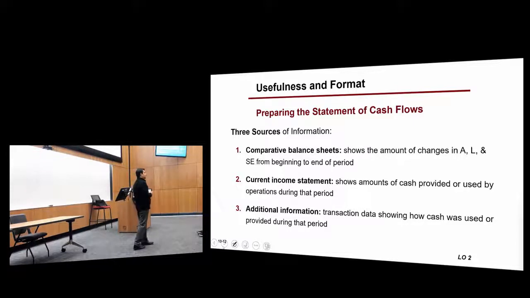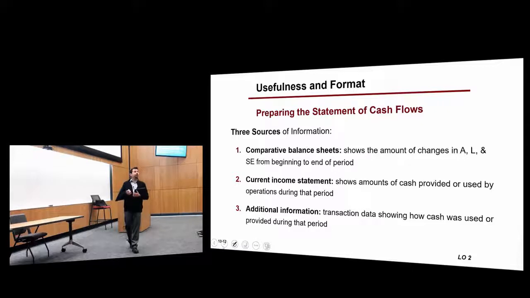Don't get mixed up between bonds that the company is investing in and bonds that the company is issuing. They are the opposite. One is when the company is borrowing money. The other is when the company is lending money in return for interest, right? So this is what you need to keep in mind.